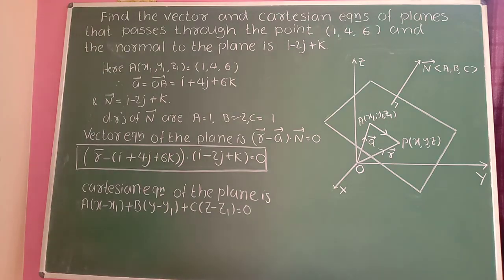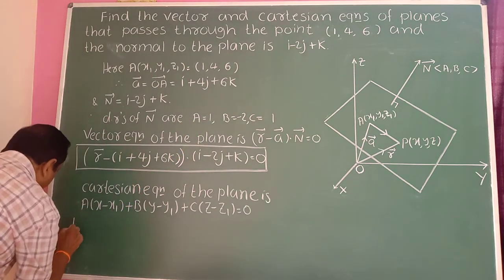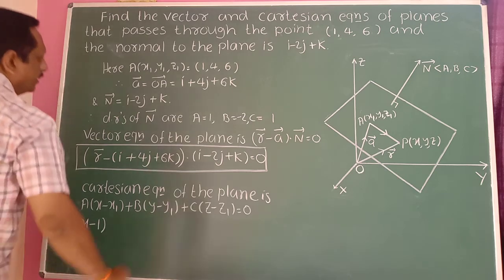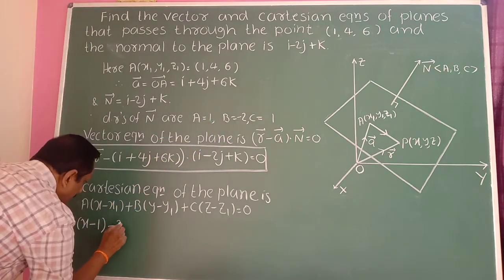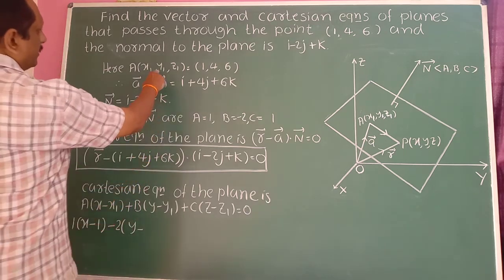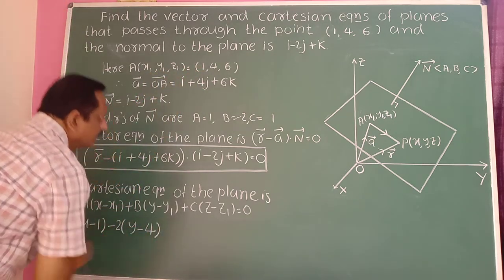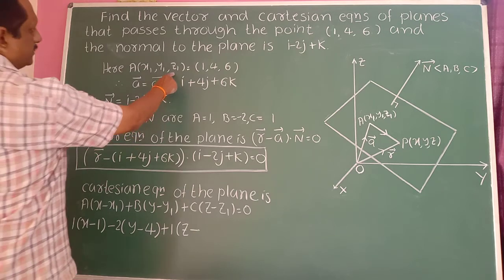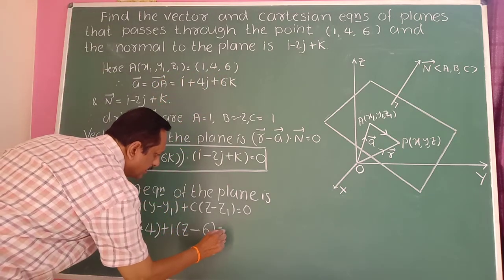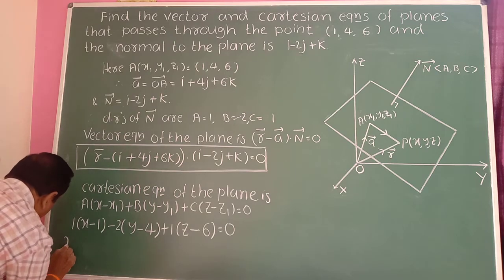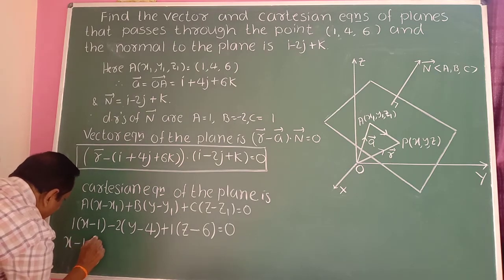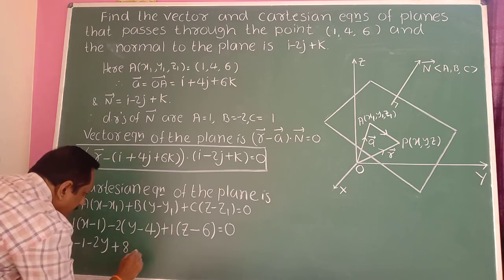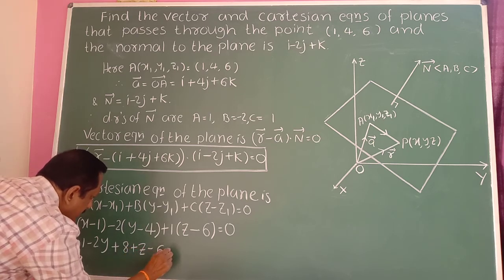Then the Cartesian equation. The a value is 1, so 1 into (x − x1), x1 is 1, so write 1, and b value is −2, so −2 into (y − y1), y1 is 4, so write 4, then c value is 1, so plus 1 into (z − z1), z1 is 6, so write 6, is equal to 0. 1 into x − 1 is x − 1, −2 into y is −2y, minus into minus plus, 2 4s are 8, 1 into z − 6 is z − 6, that is equal to 0.